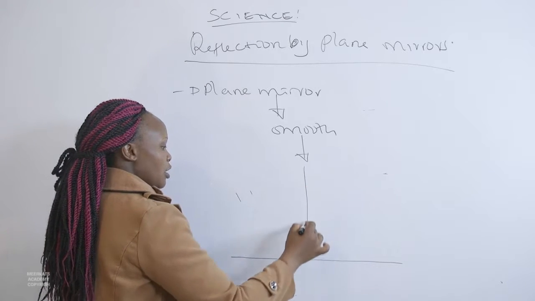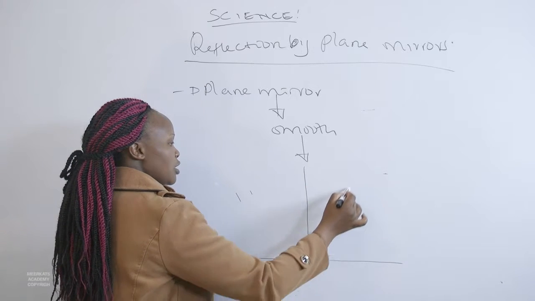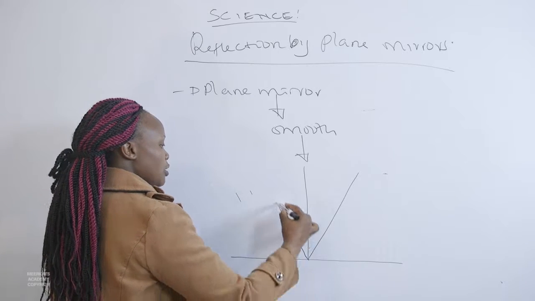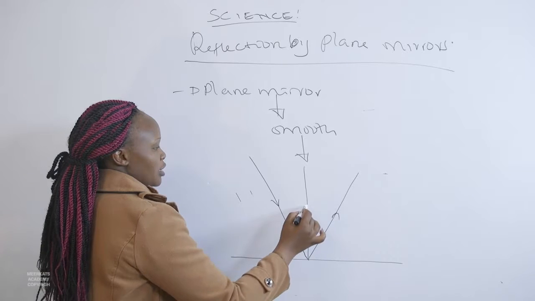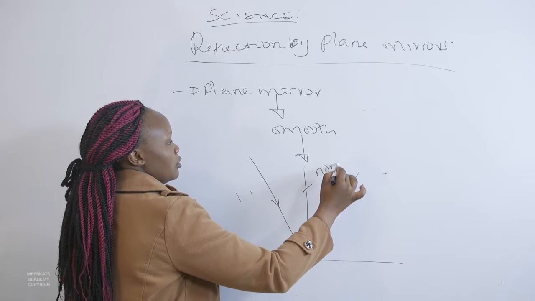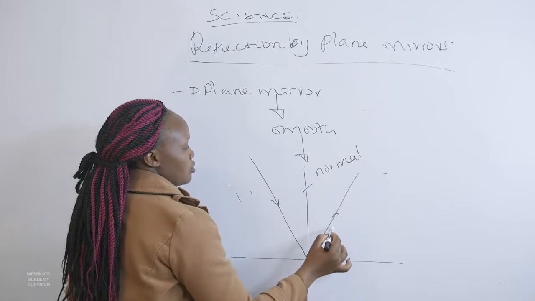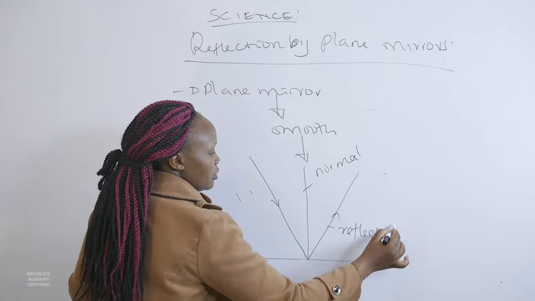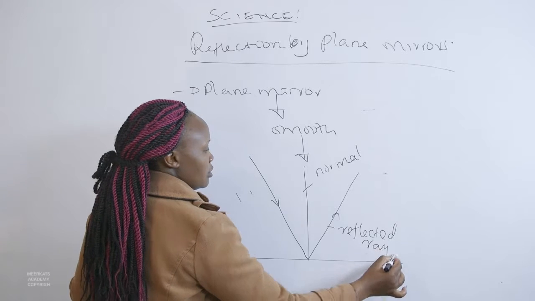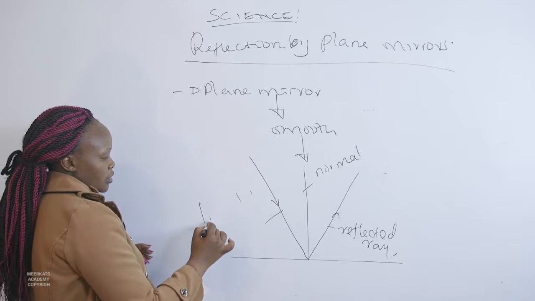Now that we are well conversant with the terms that we are going to interact with regard to reflection, we have this as our normal. This one is the reflected ray. We have the incident ray.